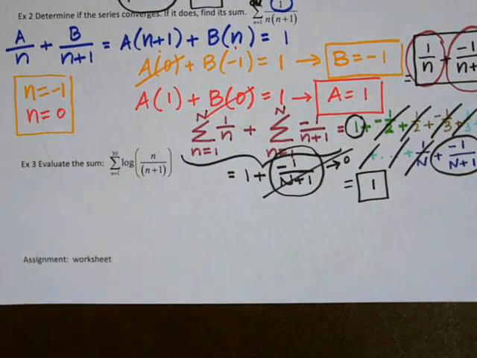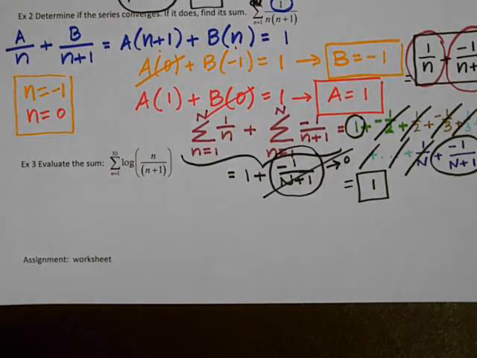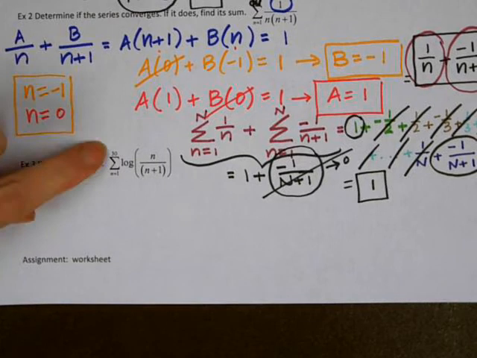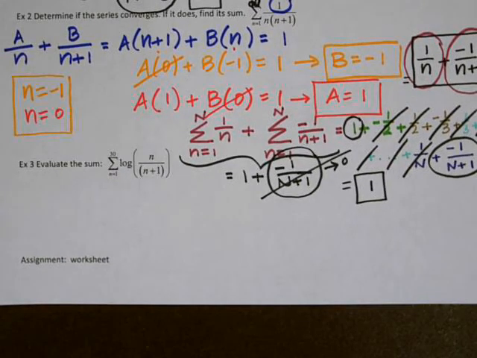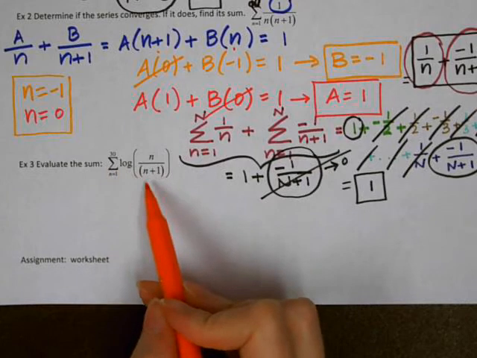All right, guys, last one if you're still with me. This one is a log series here. So it says evaluate the sum, and it's a finite sum, so we don't have to worry about that infinity business. But the trick for a log is to expand it.